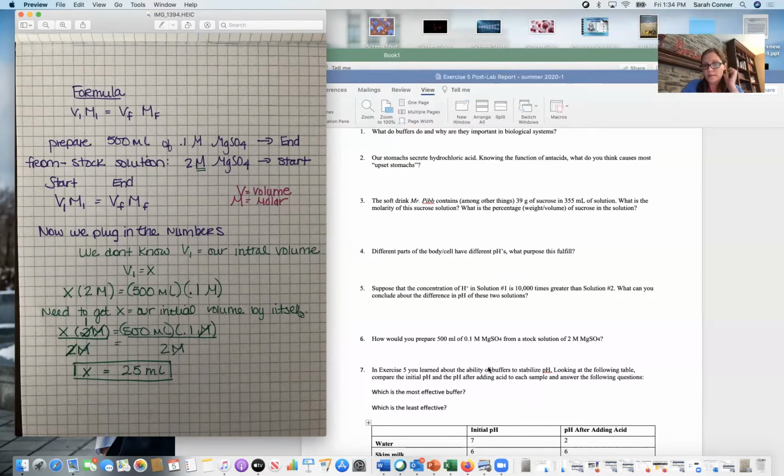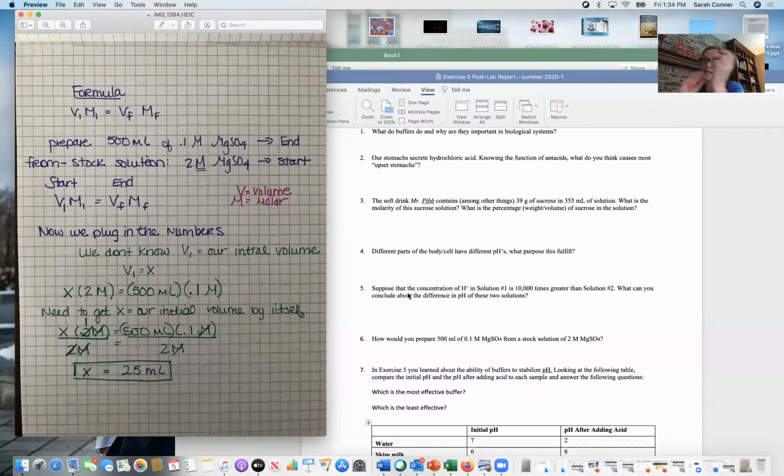One other question that I've had this week is number 5. It says, suppose the concentration of H plus in solution 1 is 10,000 times greater than solution 2. When we're talking about an acid, the more H plus, or hydrogen ions, that you have, the more acidic it becomes.